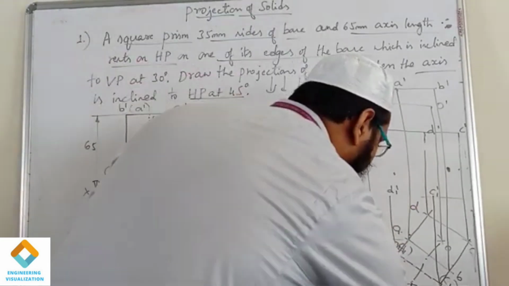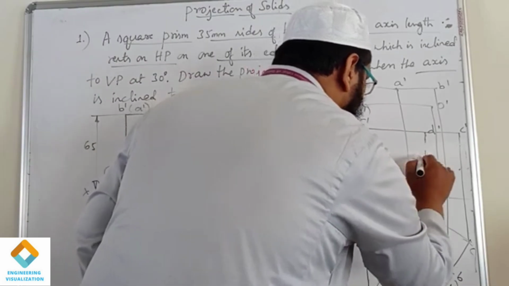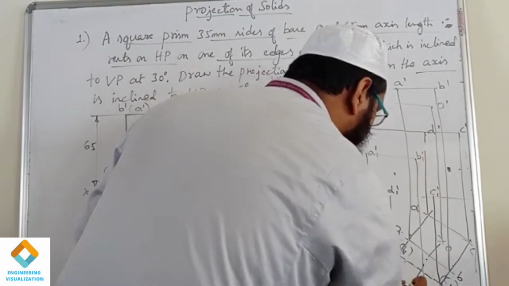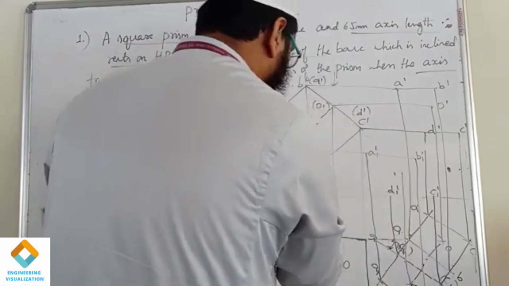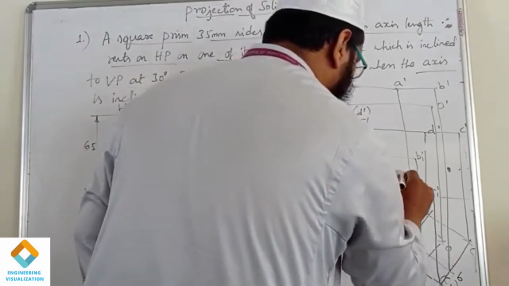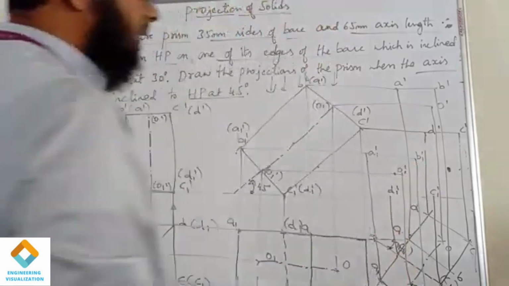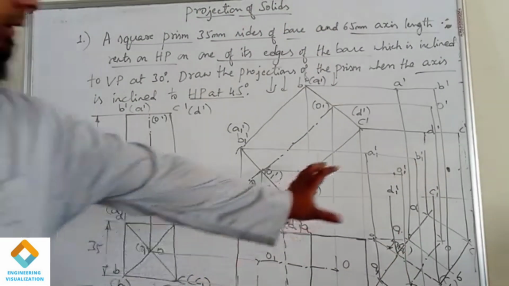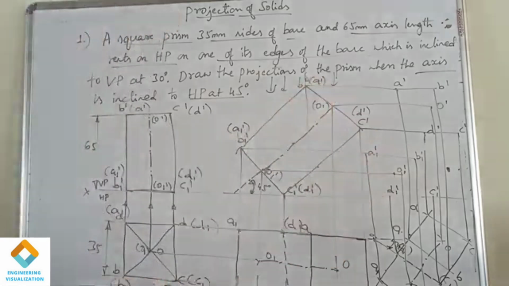Similarly, we have this is B1 dash, and exactly here we have O1 dash. So now we have done with both bottom face notations and top face notations. This is how we have to do it.